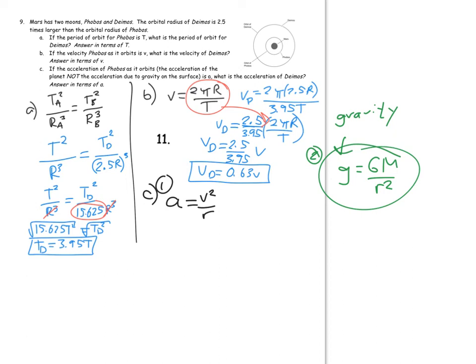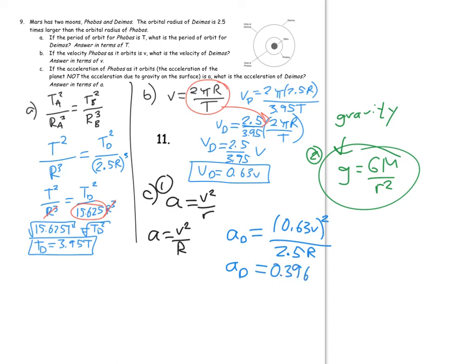So for Phobos, I'm just going to say my acceleration is v squared over r. For Deimos, the acceleration of Deimos, AD, is going to be equal to 0.63 v, which is what I just found in the last part, that entire quantity squared over 2.5 r. When I do a little simplifying, I get that AD is equal to 0.63 squared, which is 0.3969, times v squared all over 2.5 r.